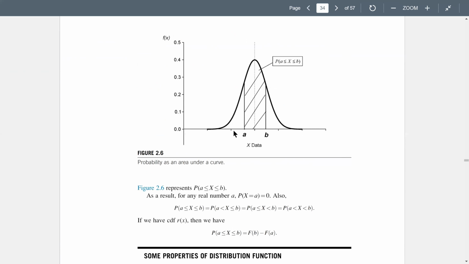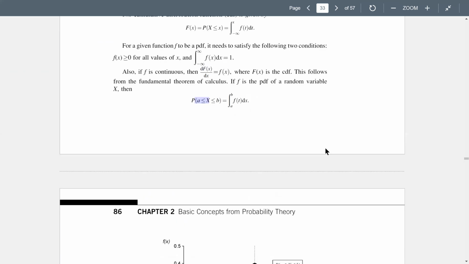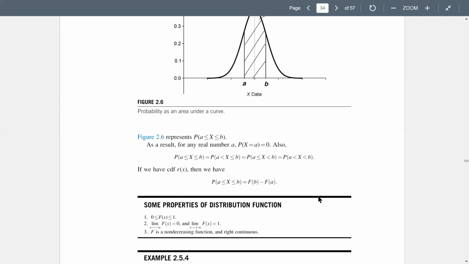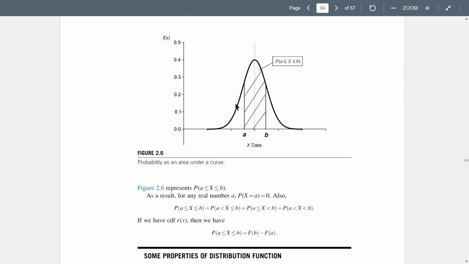First, you use this formula to calculate the area under the curve f(t), where the range goes between a and b. Or you can write it in another form, which is F(b) minus F(a). F(b) is the cumulative probability up to the point b, which is all the area to the left of b under the curve.